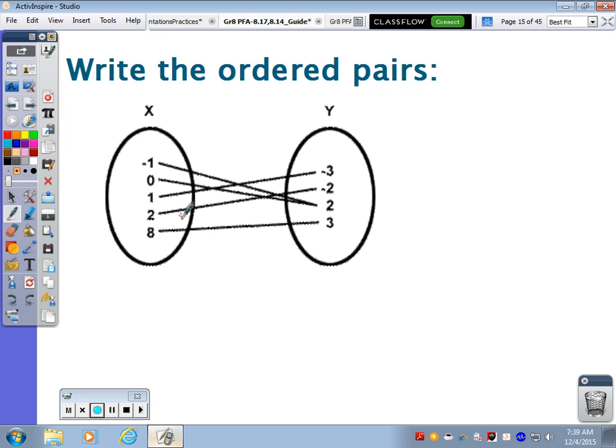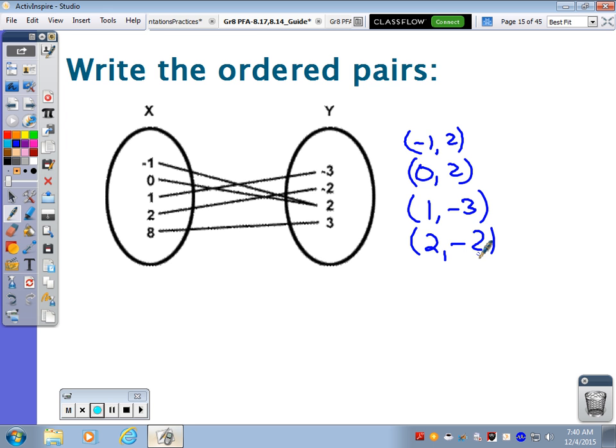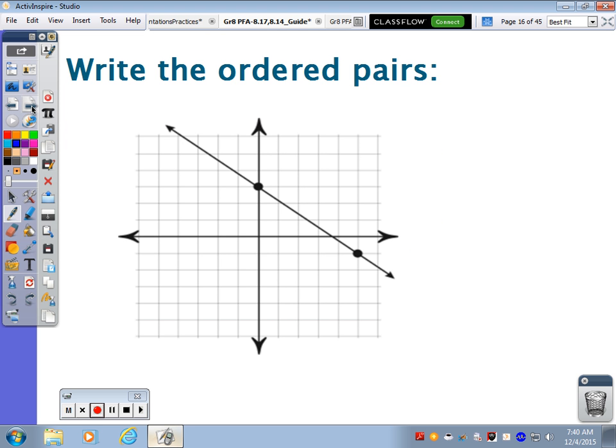So here we've got the first one is -1, 2, 0, 2, 1, -3, 2, -2, and 8, 3. So that's the way a mapping works. You may not have seen one before, but it's pretty simple. And of course, to write the ordered pairs from a graph, you just have to read the points from the graph. So in this case, it would be 5, -1, and 0, 3.